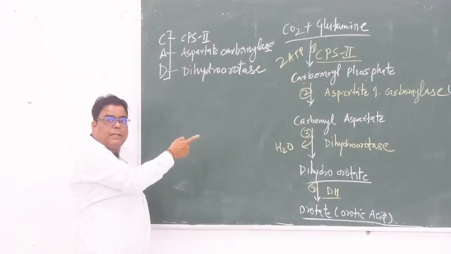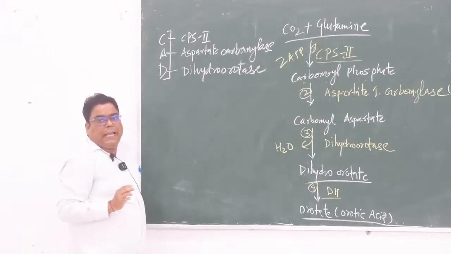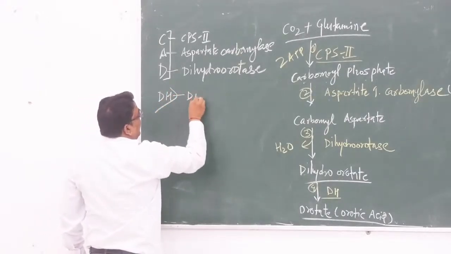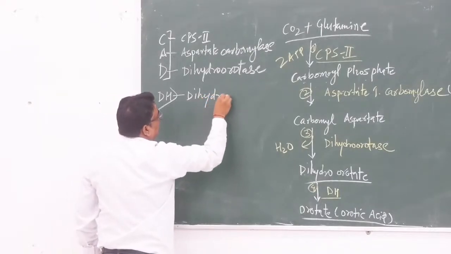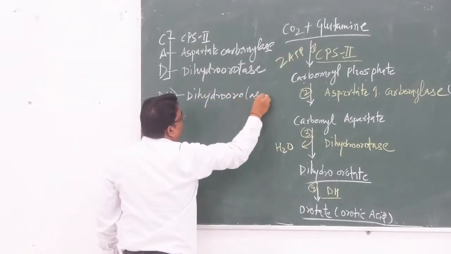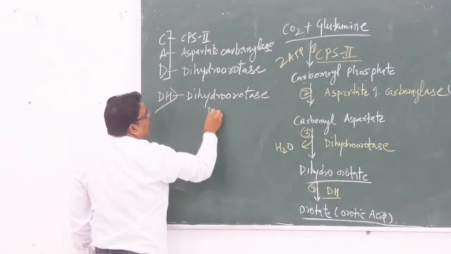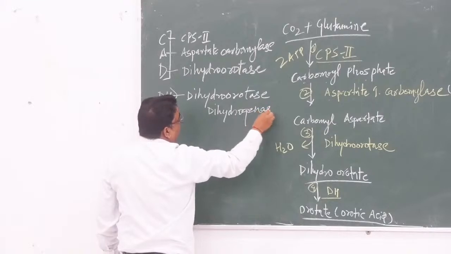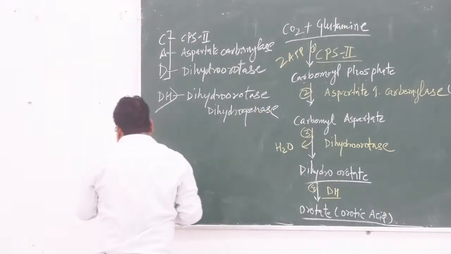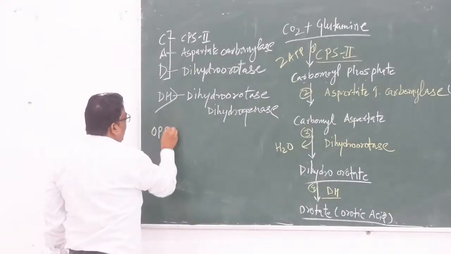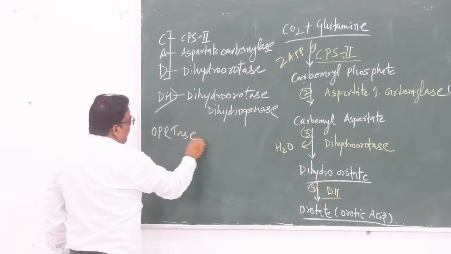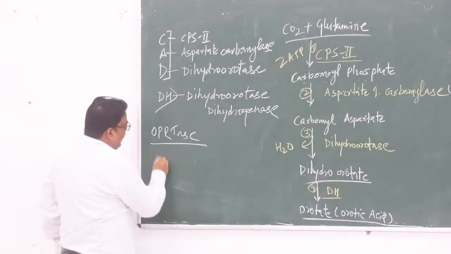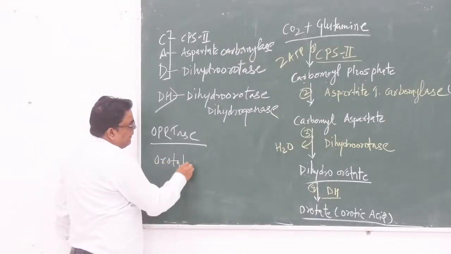If you want to remember this metabolic pathway, you have to remember these enzymes. DH stands for dehydrogenase. Enzyme. The last one is orotidylate decarboxylase.